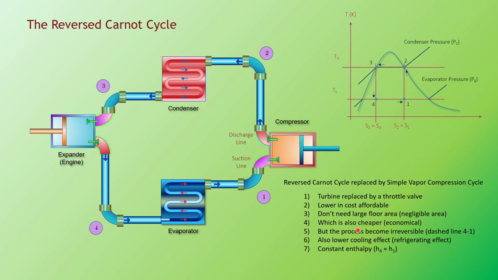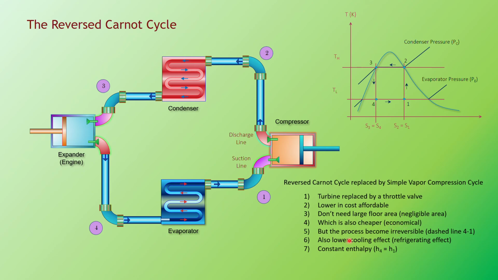It is also cheaper and more economical, but now this is the disadvantage: the process has become irreversible, and it is shown on the line later on, 3 to 4. Later on, this is still the reverse Carnot cycle; 3 to 4 will become a dash line and not vertical.